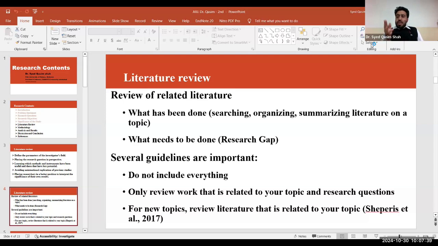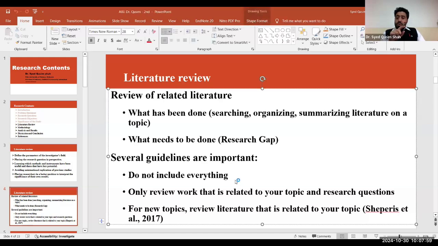So we have to search. Let's say when we go to any databases, I will talk about databases as well. Whenever we write something and search, we will find millions of related topics, millions of related issues, right? But the important thing is that we cannot include everything. So what is the best guideline?